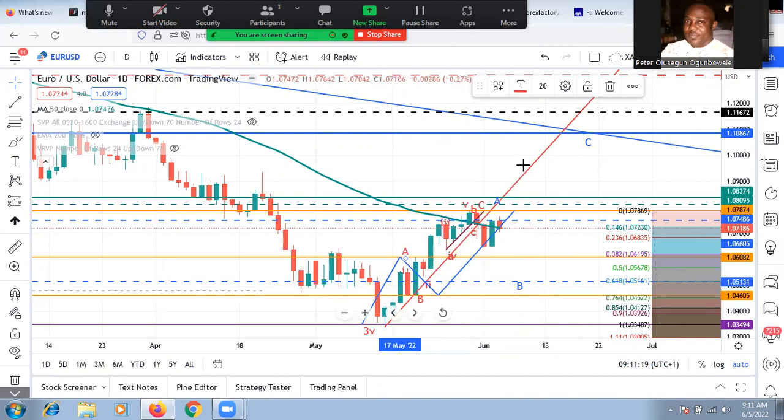If we compare this A and B, this one has gone up as a zigzag.